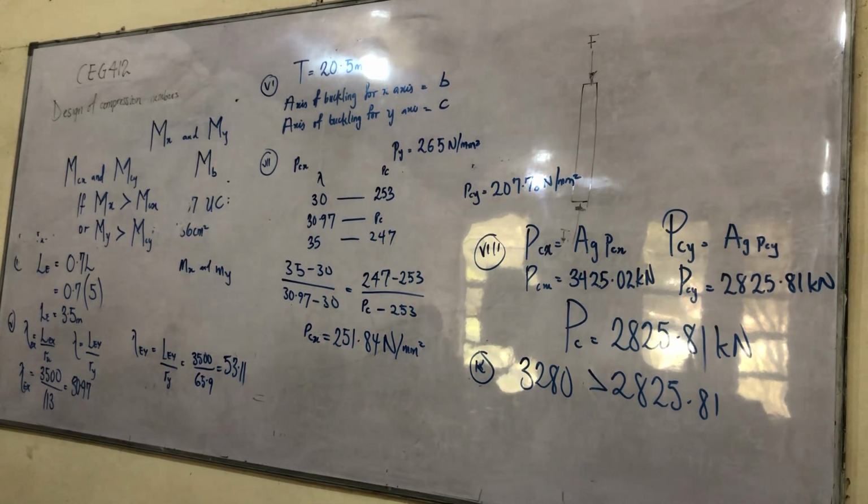Check buckling resistance of member, using the equation in clause 4.8.3.3.1. And then that's all.